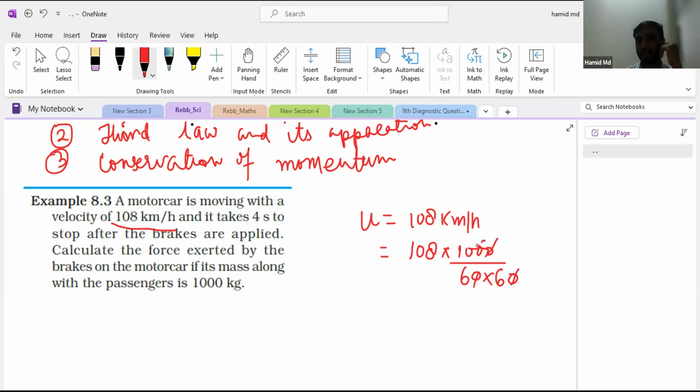Okay, this will be 5 if we do half. This will be 3. So this will be 108 into 5 by 18. Now this kilometer is changed into meter, and this is changed into second. So meter per second, right? Now solve it.